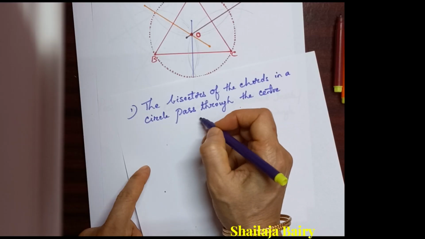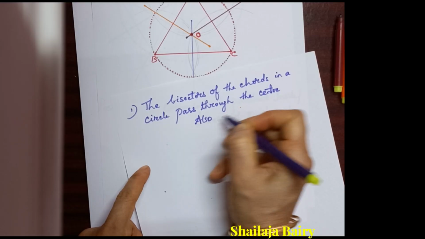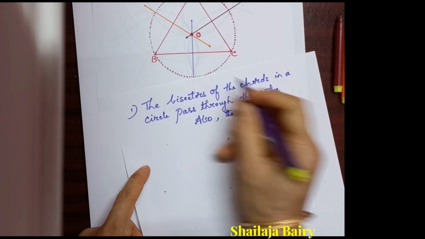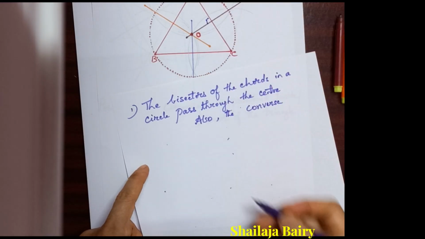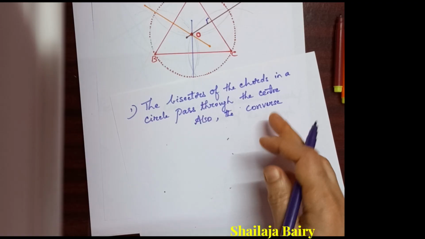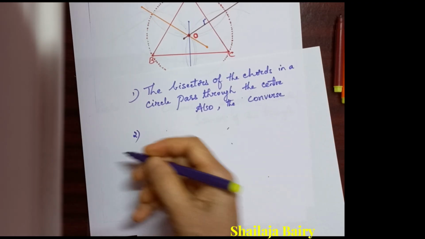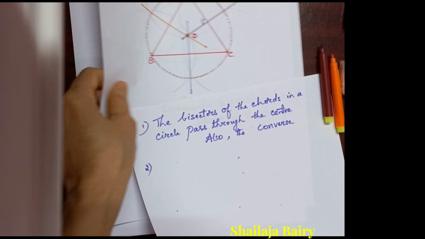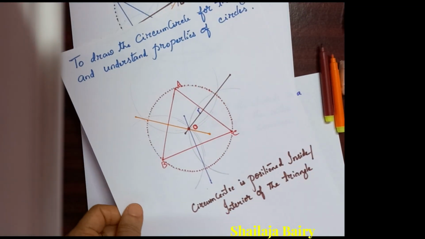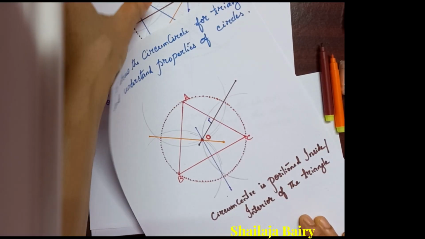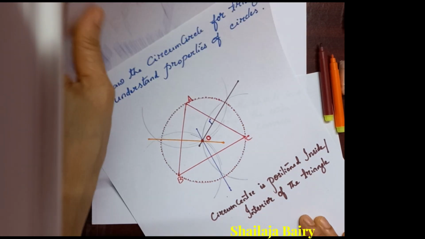And the converse: any perpendicular drawn to any chord from the center will be intersecting the chord at its midpoint. That is the converse. Second property, we can see here the obtuse angled triangle.